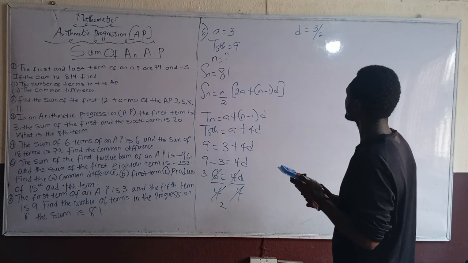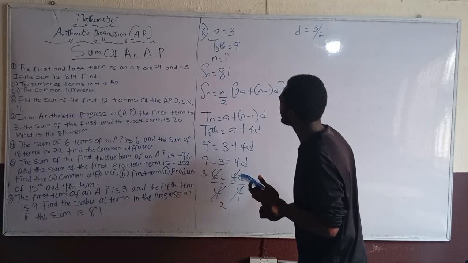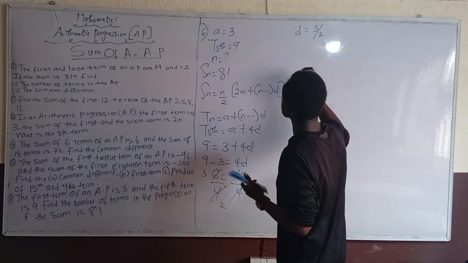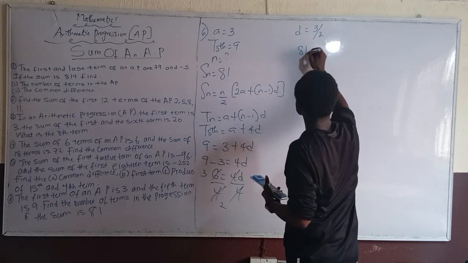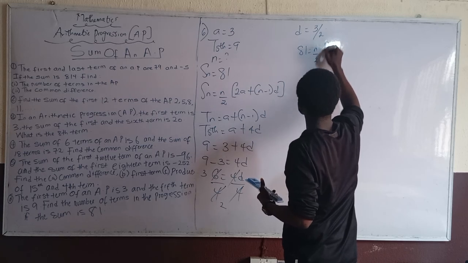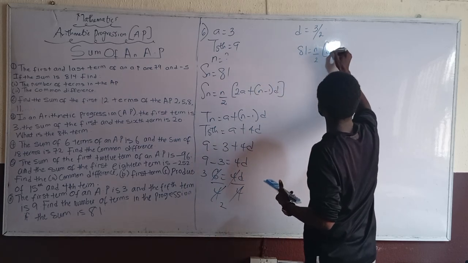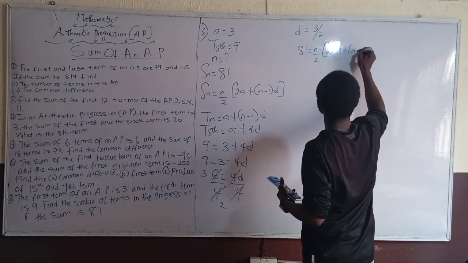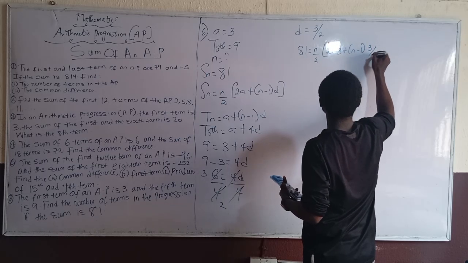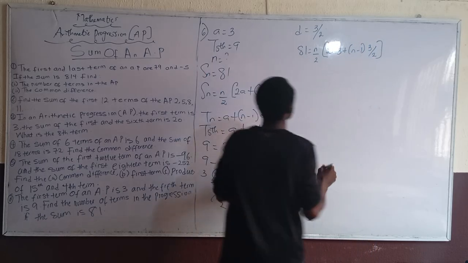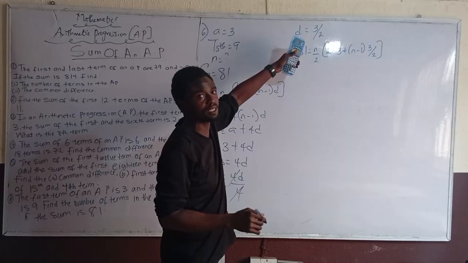So from there, I cannot guess my sum because I'm looking for the number of terms. So my Sn is 81 equals n over 2, my a, that is 2 times 3 plus n minus 1 times 3 over 2. Here, I will cross multiply.